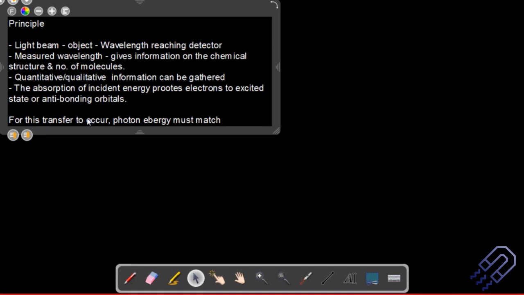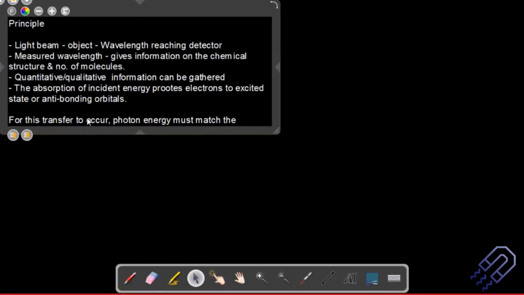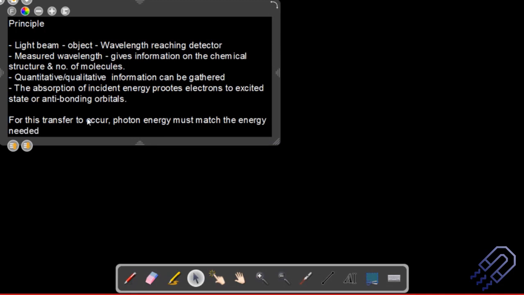If the energy level is higher, you need more energy for transferring the electron. Whatever energy is of the incident photon must be enough to make the electron transfer from the lower orbital to the excited state. It should match the energy required by the electron to be promoted.